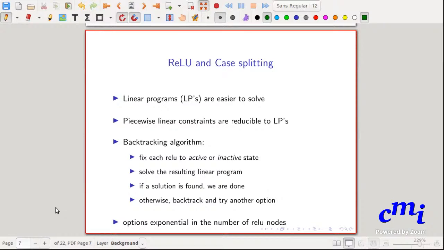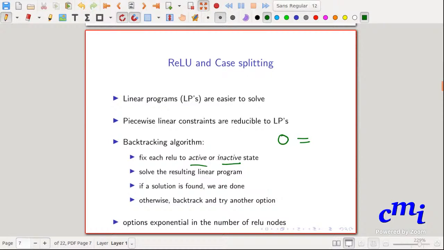Okay. So as I said, you don't know whether the value at any neuron will be retained or will be reset by the activation function, depending on whether it's positive or not. You call this the active and the inactive state, the fact that it's retained or reset.